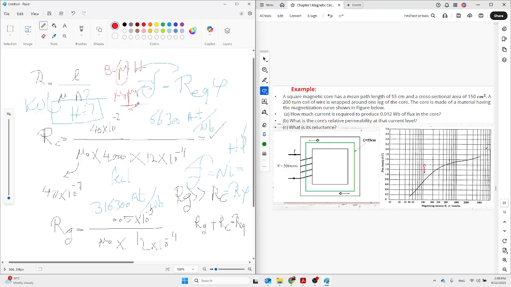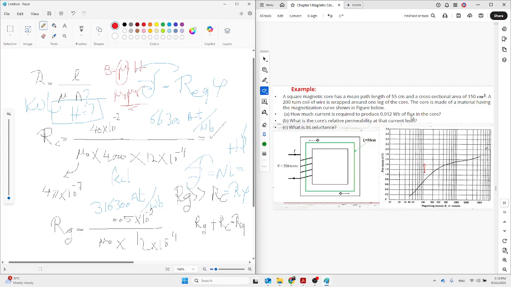If I'm not mistaken, based on this value, I can see mostly it should be mu r only. How much current is required to produce 0.12 Weber of flux?